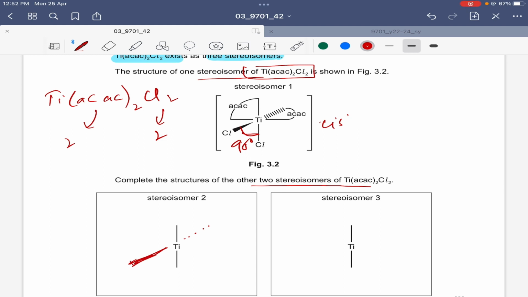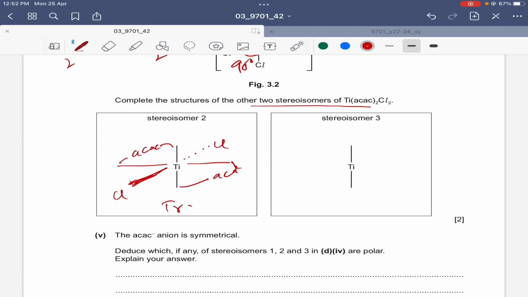So this is one Cl and this is another Cl, and this is ACAC and ACAC. So this is another isomer, and this would be trans because in this isomer both the chlorine atoms are 180° apart. So this is trans.